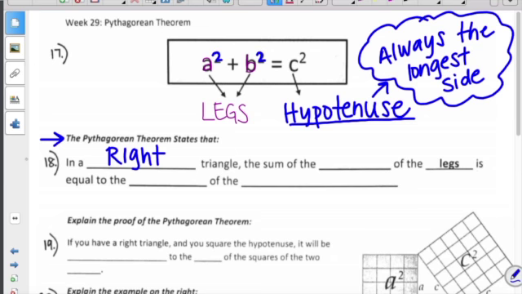So the sum of the square of the legs is equal to the square of the hypotenuse. In a right triangle, the sum of the square of the legs, so that's a squared plus b squared, is equal to the square of the hypotenuse. And that is your c squared.